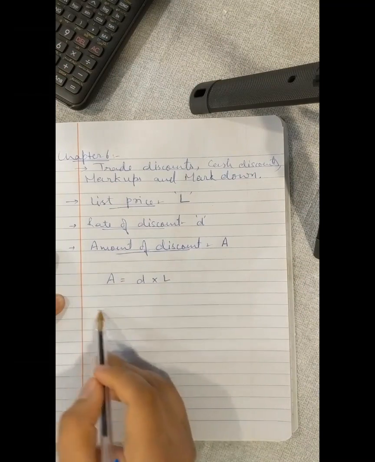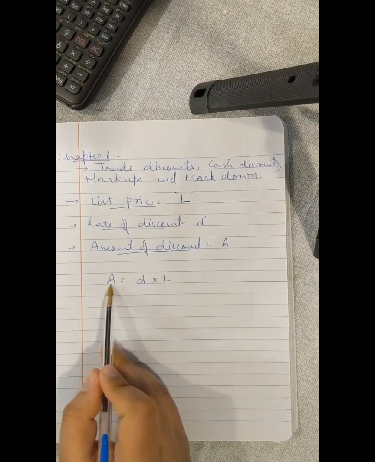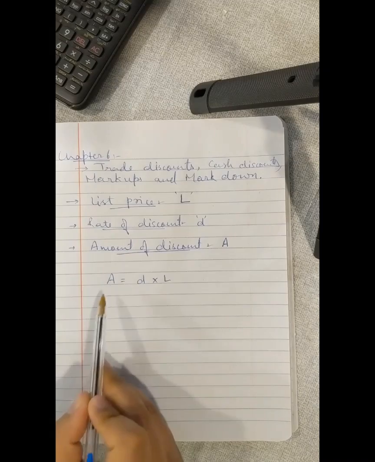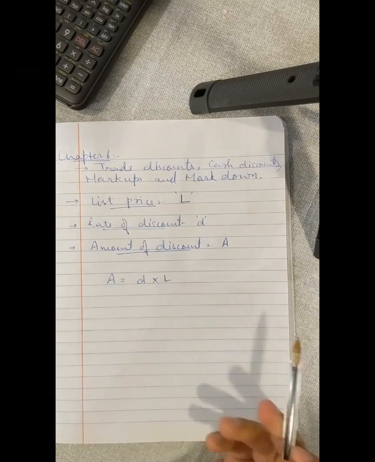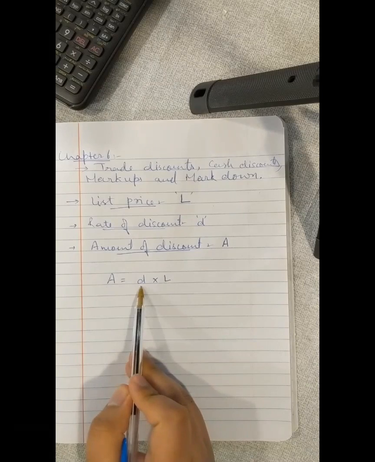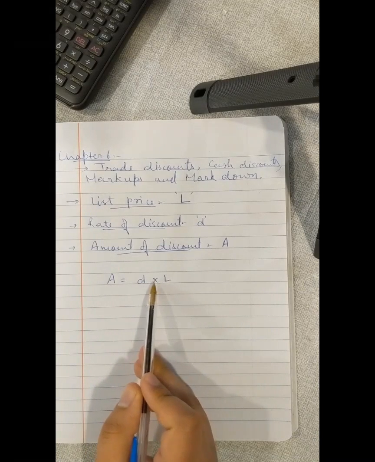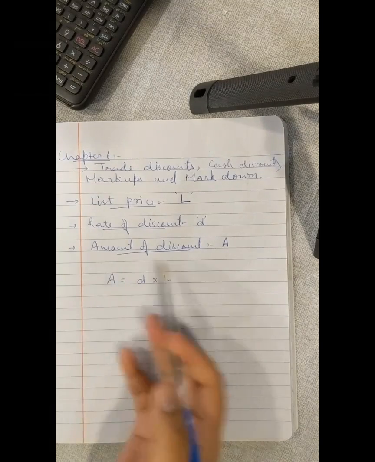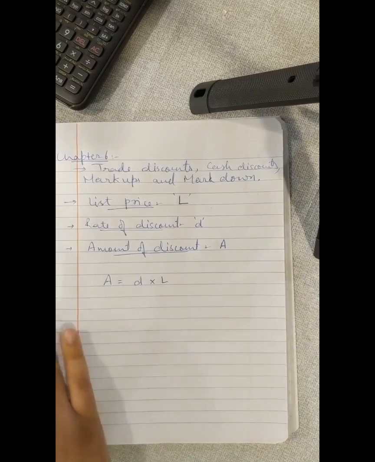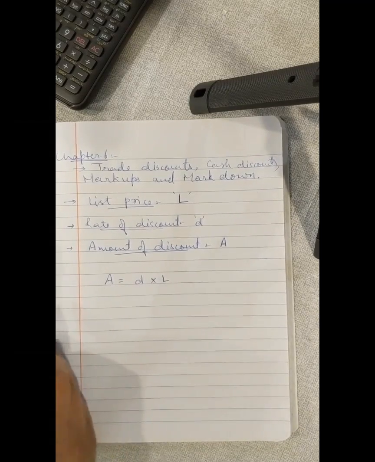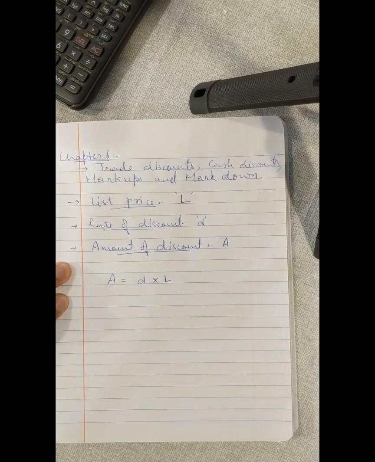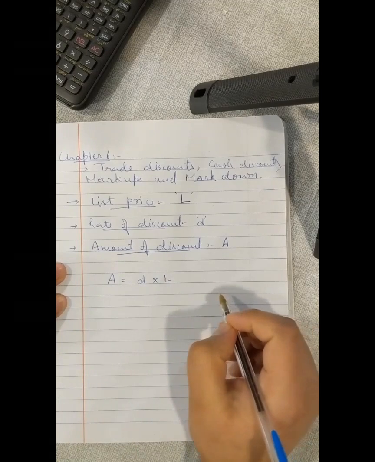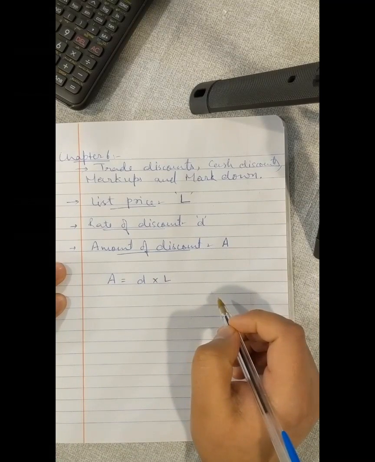Now see, we have one formula, we have three variables A, D and L. Question may ask us to find A and it will give us D and L. Maybe it will give us A and L, we need to find D. Maybe it will give us D and A, we need to find L. So we have to rearrange it, and I think you guys can rearrange it very easily. We did this thing in chapter 7, the simple interest, the triangle thing, where the formula I used was I equals PRT.